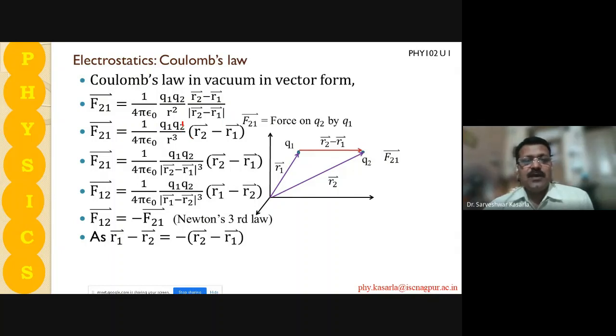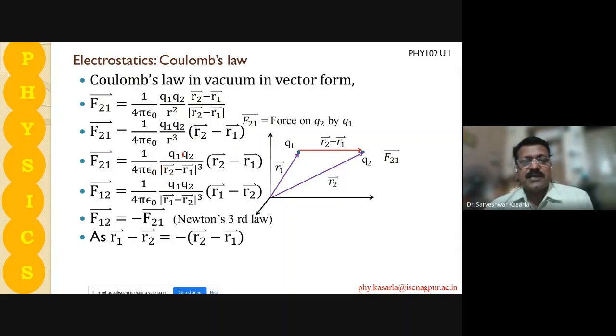Now if you consider that this vector r2 minus r1 is the distance between two charges, and the distance between the two charges is equal to r, then r into r square becomes r cube, and the expression becomes like this. And also if you express this F21 in terms of r1 and r2, then the entire expression becomes like this.